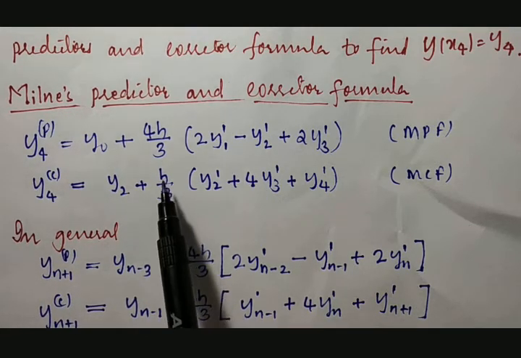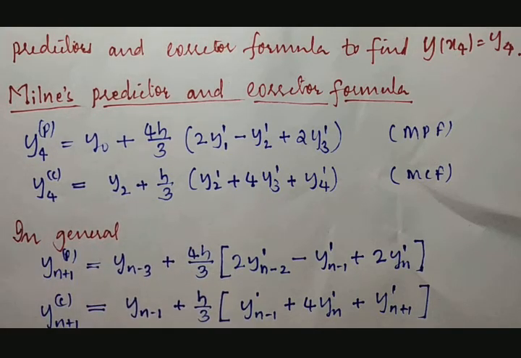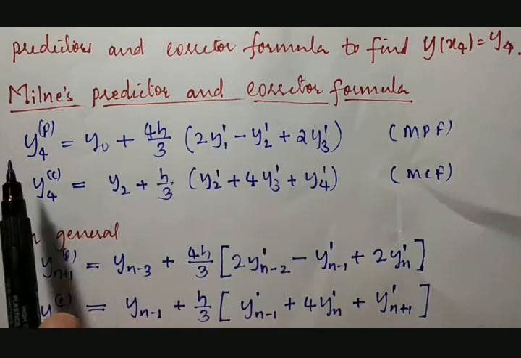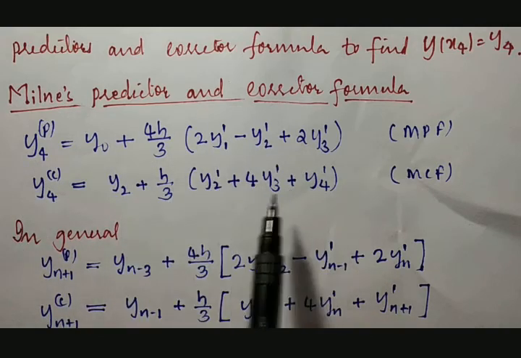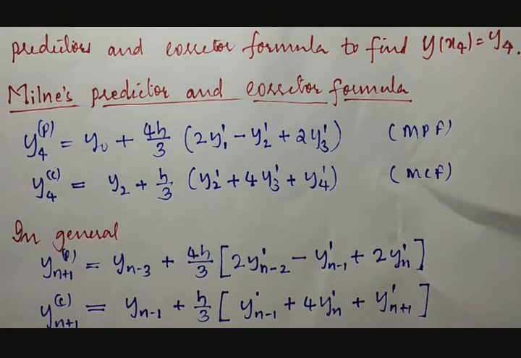Then that is 2 times h. 2 times h plus y2 will be y4. Okay, so this is the way to cross verify the formula whether it is right or wrong. Understood? After taking its calculation it should be y4, y4 only, either it is prediction or correction.